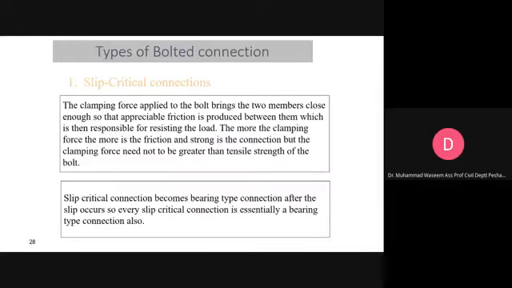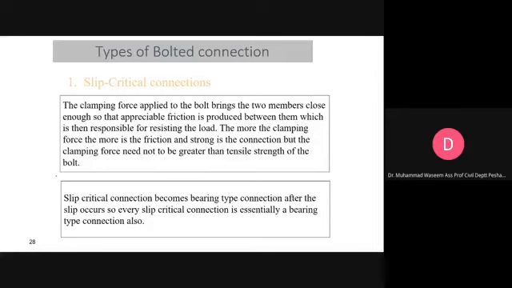Now the clamping force is applied to the bolt that brings two members close enough so that appreciable friction is produced between them, which is then responsible for resisting the load. The more the clamping force, the more the friction and the stronger the connection. But the clamping force need not be greater than the tensile strength of the bolt.